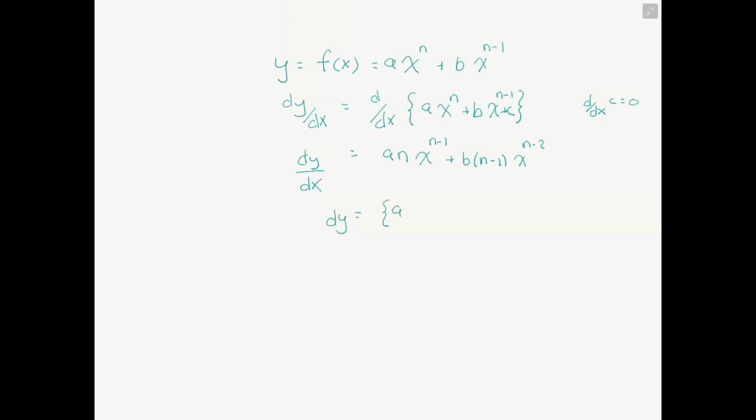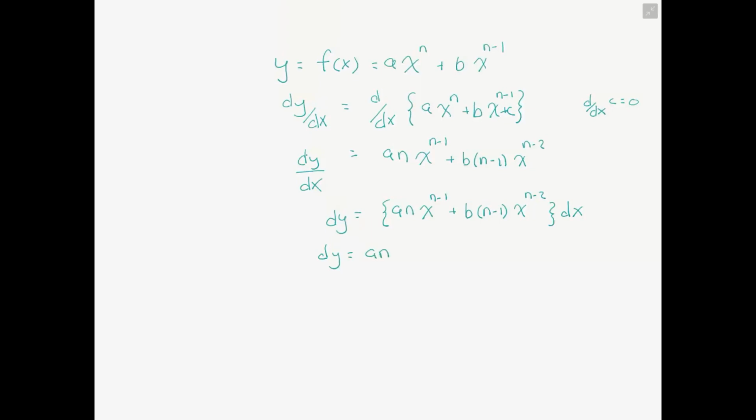We can say dy is equal to a n x to the n minus 1 plus b times n minus 1 x to the n minus 2 dx.